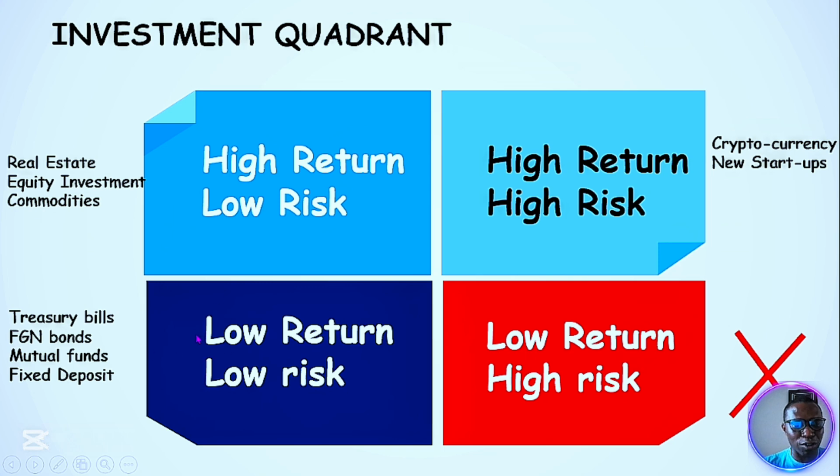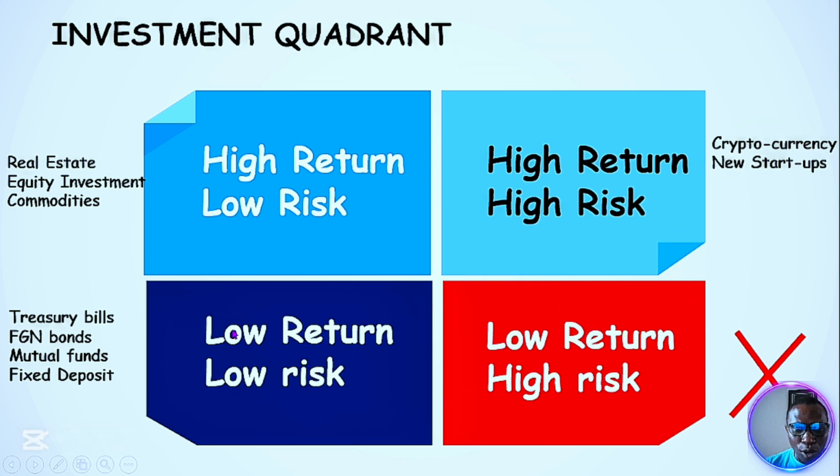Then we have this side. Let's come to the left quadrant, the lower part, which has low return and low risk, which means the return is low, but the risk also is low. In that category, we have treasury bills, FGN bonds, mutual funds, and fixed deposits.